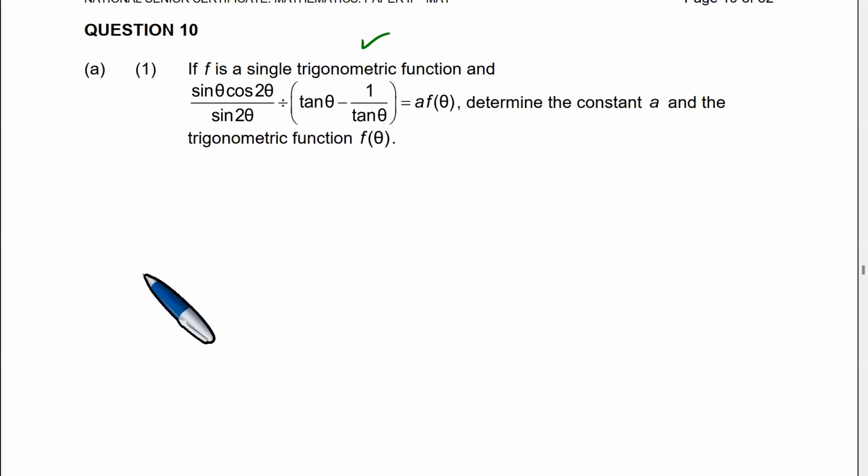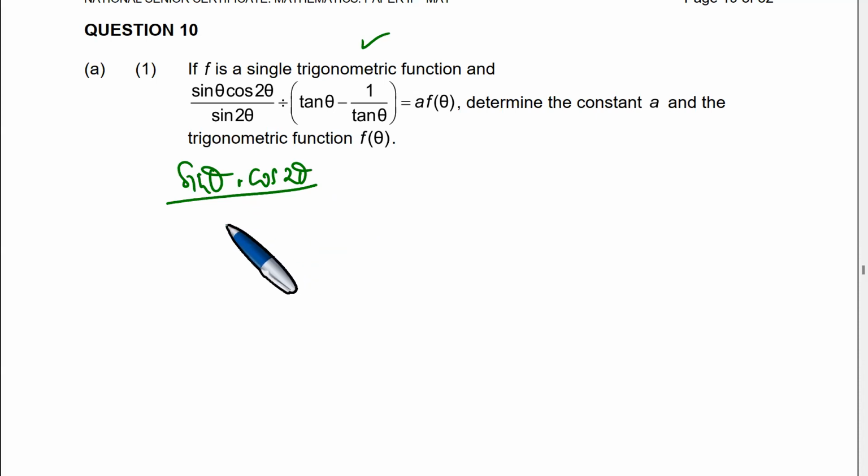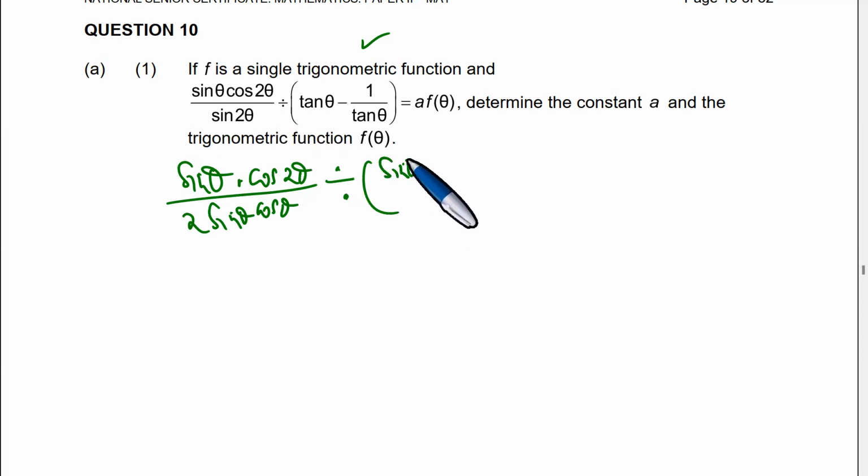So which means that at this point you'd have sine theta times cosine 2 theta, which is divided by this. Right, it is divided by exactly this, but sine 2 theta is the same as 2 sine theta cosine theta. And from the division sign, the tangent is the same as sine theta over cosine theta.